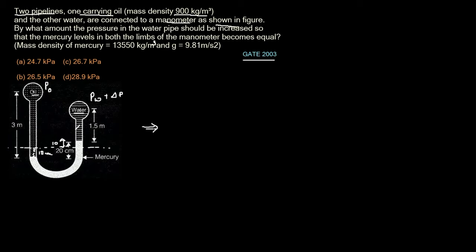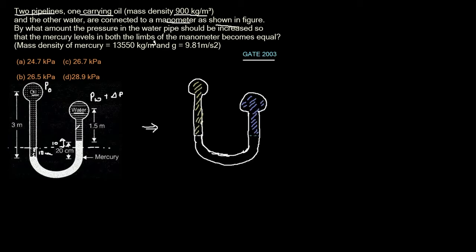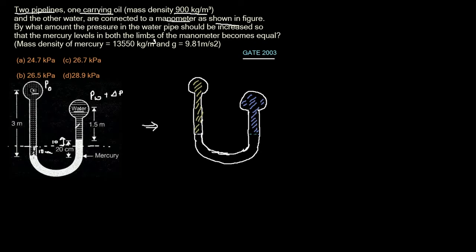So what we actually want this system to be. This will be the final state of the system that we want. First we want to find these heights. Here we know that the mercury level in the left limb will be decreased by 10 centimeters.